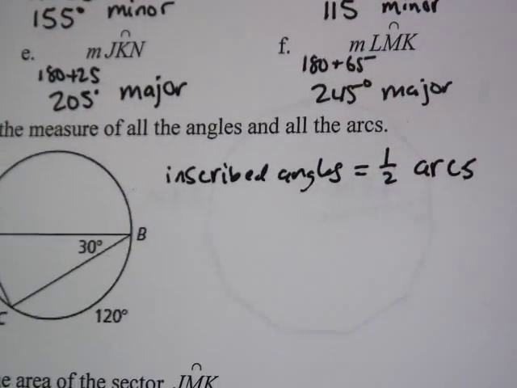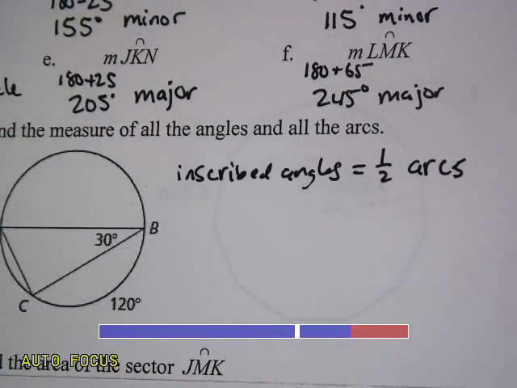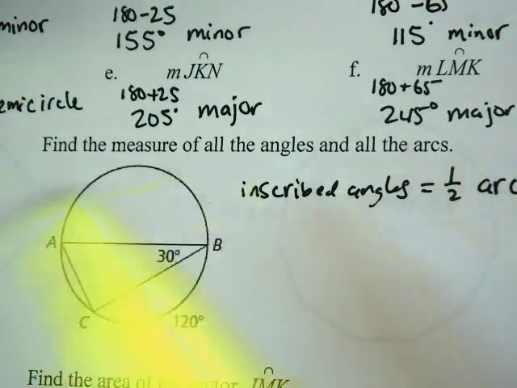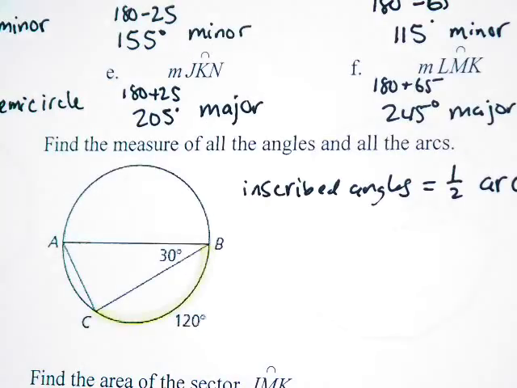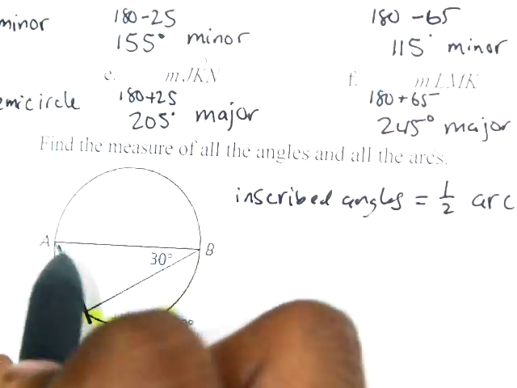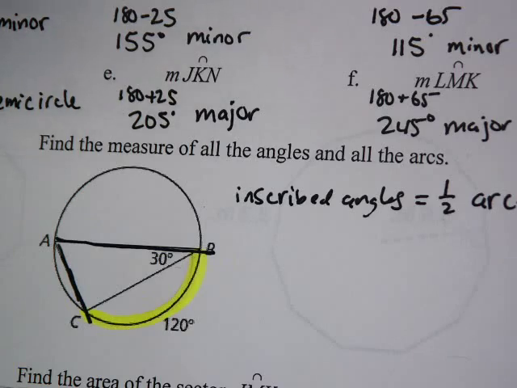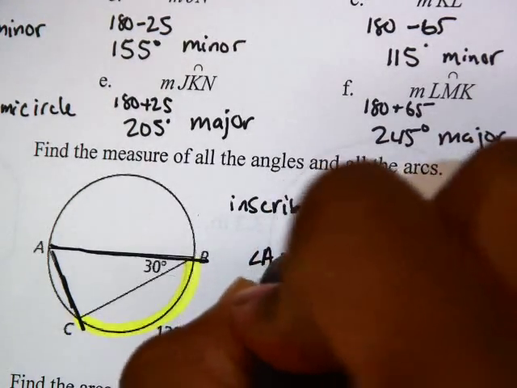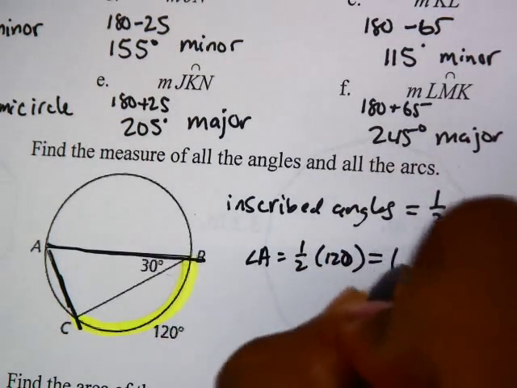So whatever arc they make, the inscribed angle is half of it. So for example, arc BC is 120 degrees. The angle that makes arc BC is this one, angle A. So angle A should be half of 120. So angle A is 60 degrees.